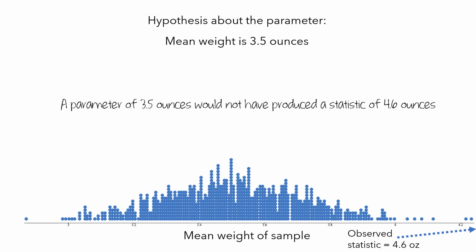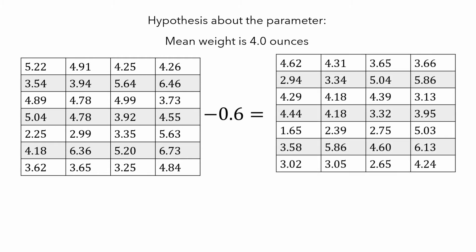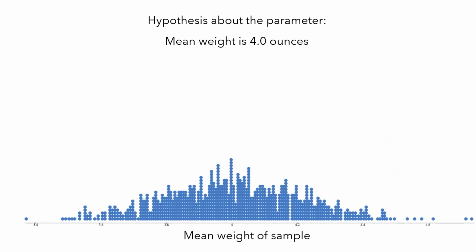Let's try another hypothesis. How about we try a mean weight of 4.0 ounces? To make our model, we start with our original data, which had a mean of 4.6, then subtract 0.6 from each data point to get a new model. Then we'd simulate taking 1,000 samples of size 28 from this model and get a new simulated sampling distribution. Here is a dot plot showing the distribution of mean weights. Now, what we need to do is find the probability of getting the observed statistic.